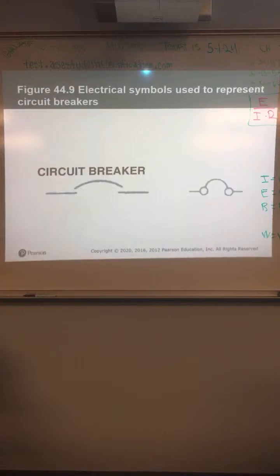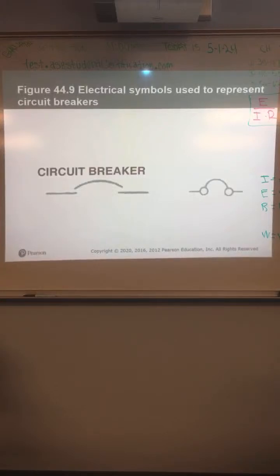Electrical symbols. Circuit breaker. What they look like. In schematics, they have two different types of symbols. One's like an international one, and one's, I forget what they call it.